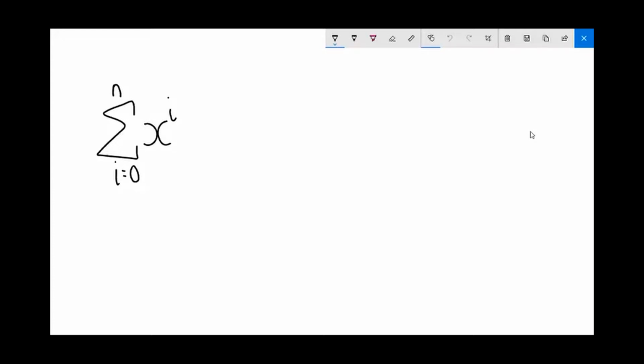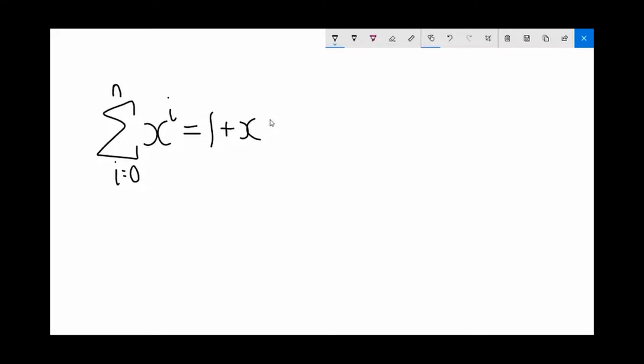So here is another example of sigma notation. If we go through this again, starting from i equals 0, clearly any number x to the power of 0 will always be 1. And then next, taking i equals 1, clearly x to the power of 1 is always going to be x.